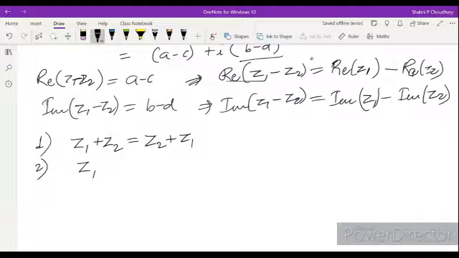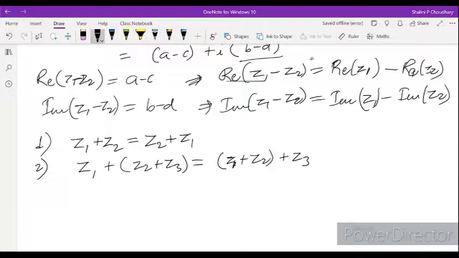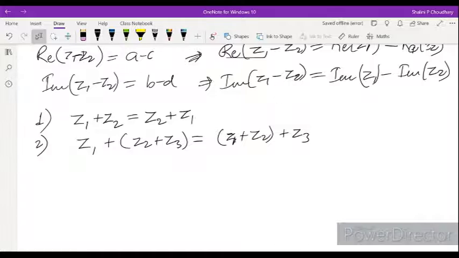Next, if (z1 + z2) + z3 is there, that will be equal to z1 + (z2 + z3). Next property, z1 + 0 will be equal to 0 + z1, and that will be equal to z1. When we are adding 0, there will be no change.